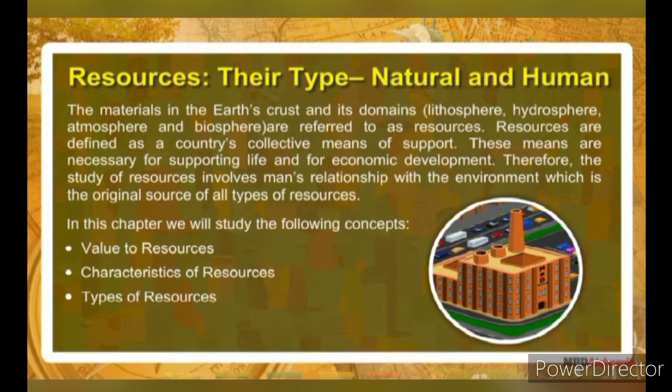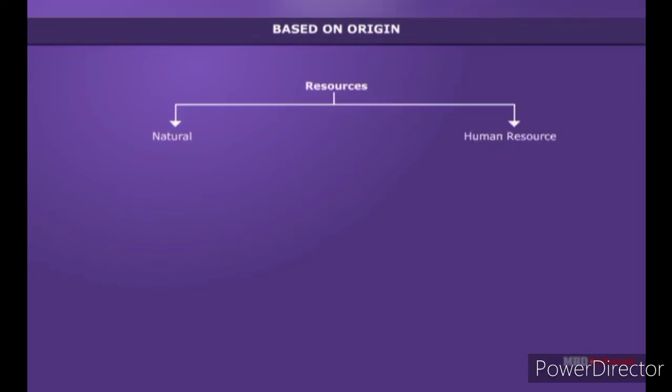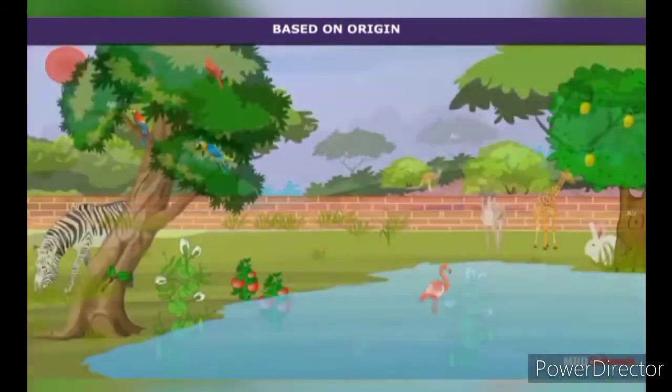In this chapter, we will study the following concepts: value to resources, characteristics of resources, and types of resources based on origin. Based on origin, resources can be classified into natural and human resources. It is human beings who add value to natural resources and make them useful.